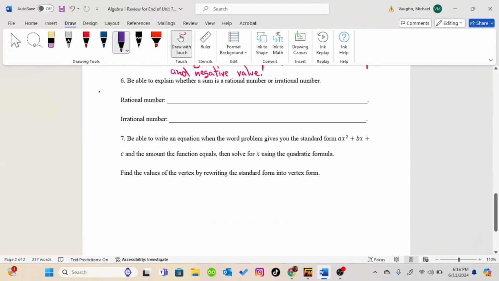Number 6. Be able to explain whether a sum is a rational number or irrational number.